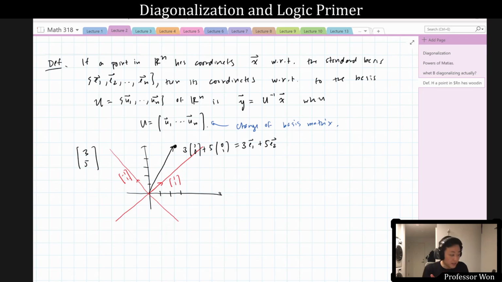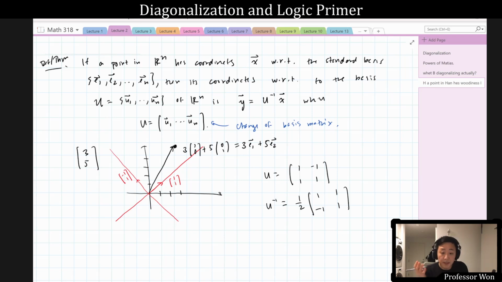What this definition slash theorem tells us is how to find the coordinates with respect to some other basis. Right? So what you do is you take U, the matrix whose columns are your basis. U inverse we computed earlier, it was 1/2 times this matrix.